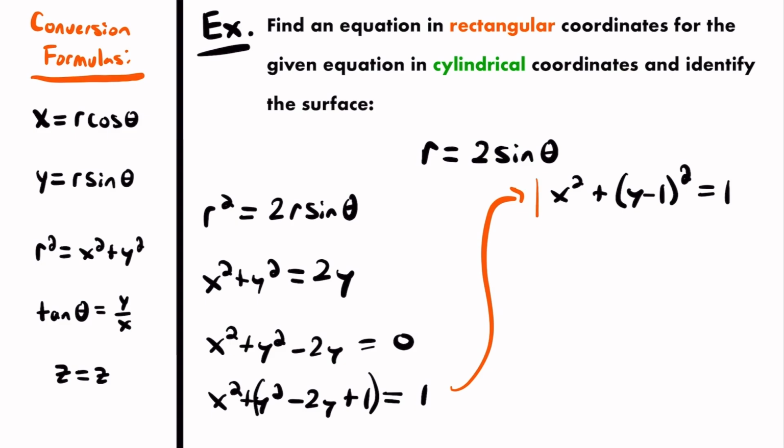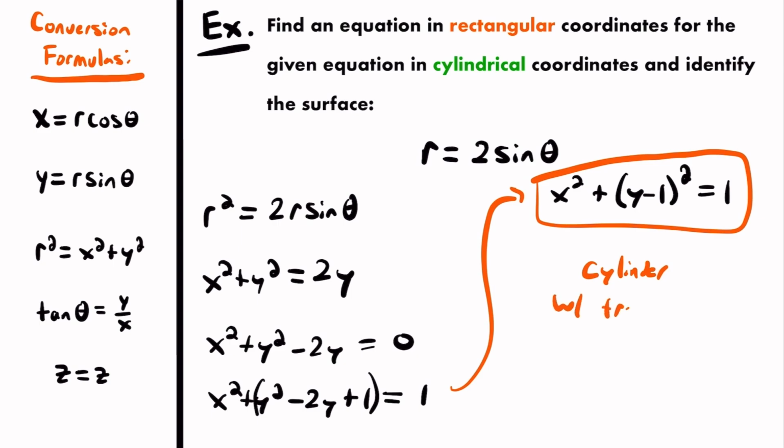Okay, so this is the final form of our rectangular equation, but what it tells us is that we have a cylinder with a trace of a circle with a radius of 1 and a center of (0, 1). And of course that trace is in the xy plane and is directed or projected along the z-axis.